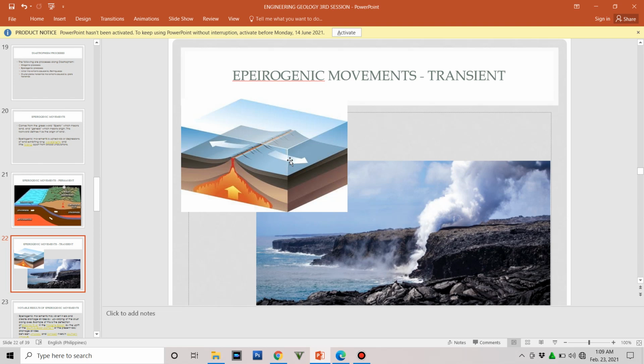Yung pumunta dun sa baba, tataas din ulit. And then again, it will pull cooler fluid to replace it. So this fluid in turn is heated, rises, and pulls down more cool fluid. And this cycle actually establishes a circular current. Ito hihinto lang when the heat is evenly distributed throughout the fluid.